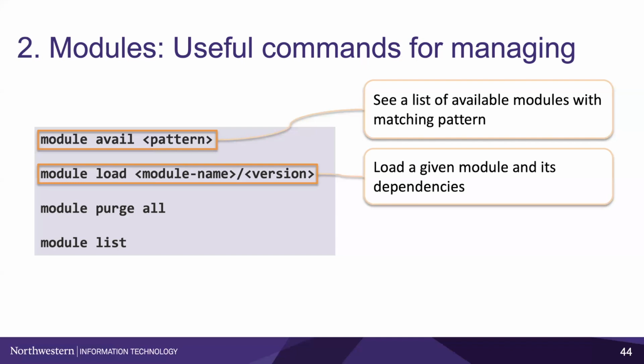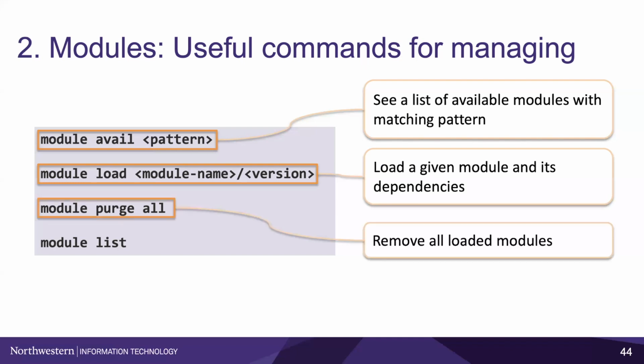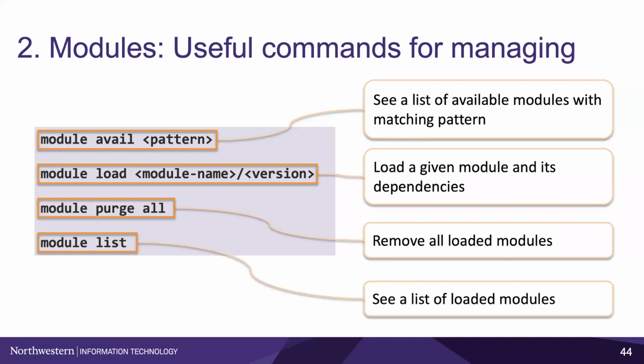This loads any given module and all of its dependencies. The third one is module purge all, and this command removes all loaded modules in your current environment. The fourth one is module list. This command allows you to see the list of all loaded modules.